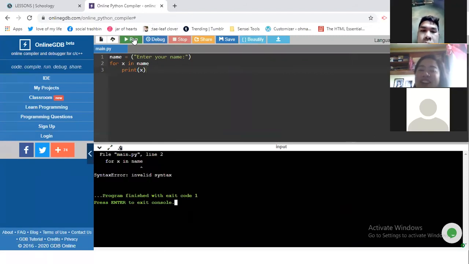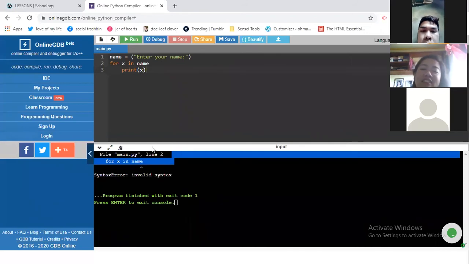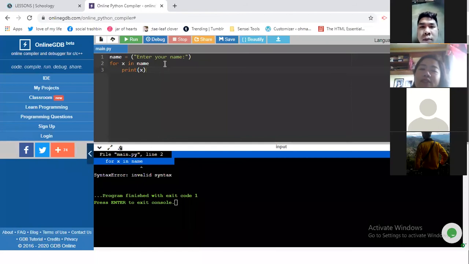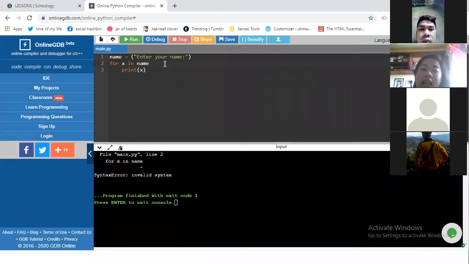Tatanong ko sana kung anong error. Anong error? Colon, ma'am. Colon po sa line 2. Okay. So again, if you'll be using suites, kailangan meron kayong colon to start your block of lines. Okay?